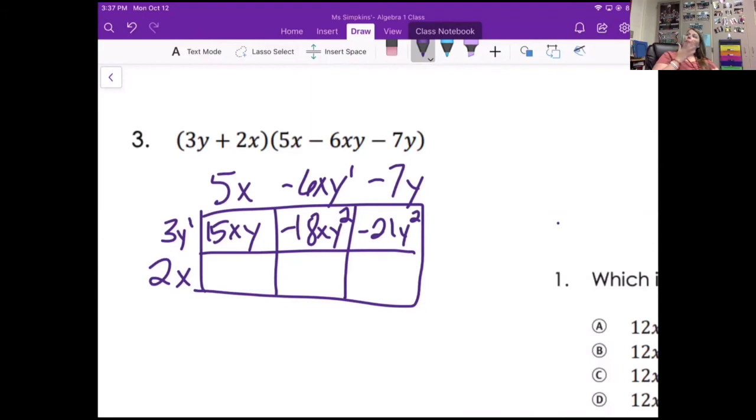Our bottom row, 5x times 2x would be 10x squared. 2x times negative 6xy would be negative 12, this time not xy squared, x squared y. And then our last box, 2x times negative 7y would be negative 14xy.